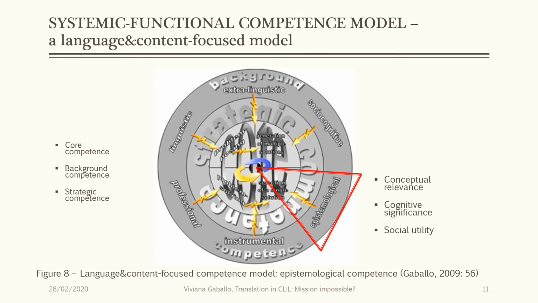It provides insight into its conceptual relevance, that is, the facts, concepts, rules, and methods typical of the subject or subjects, insight into its cognitive significance, that is, the mental processes, motivations, and attitudes developed through learning that specific subject or subjects, and insight into its social utility, that is, the external relations and contexts of use. And it informs the whole system.